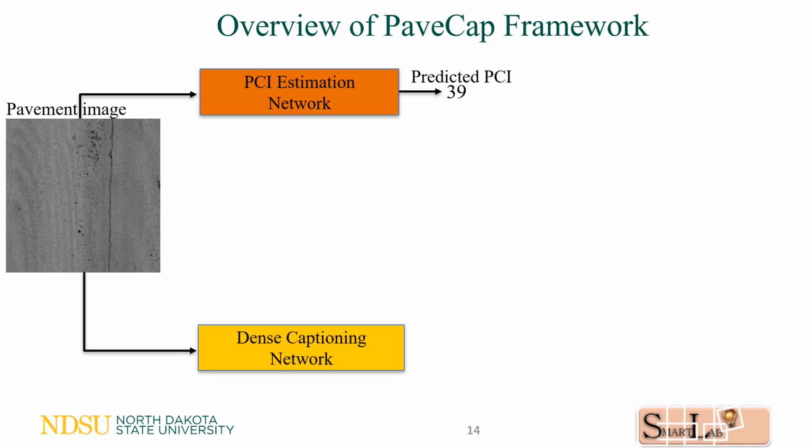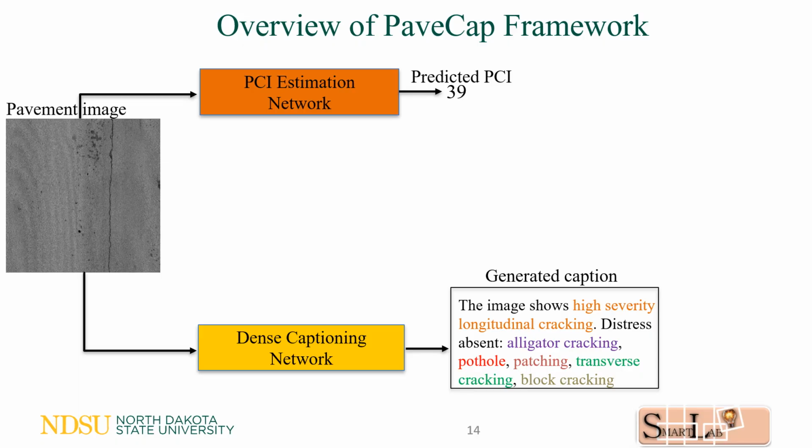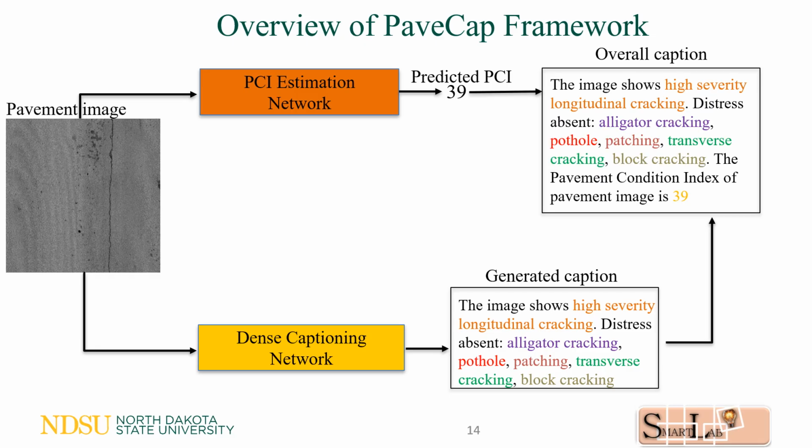The same image goes through the dense captioning network, which gives out a caption that tells us the severity of the distresses present in the pavement and also the absent distresses. Based on these two outputs, we combine everything together and get the overall captioning of the pavement condition.